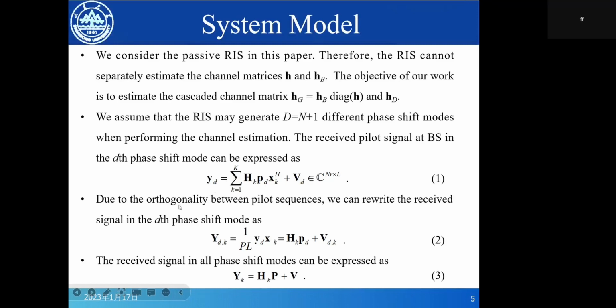Due to the orthogonality between pilot sequences, we can rewrite the received signal in this phase shift mode as equation 2, and we can get the H_D_k. The received signal in all phase shift modes can be expressed as equation 3. So we can get Y_k equal H_k P plus V.